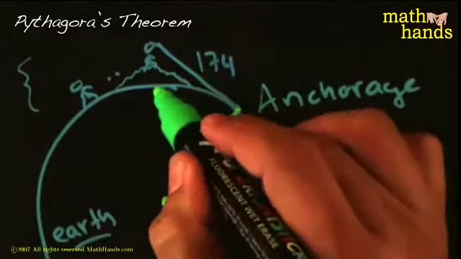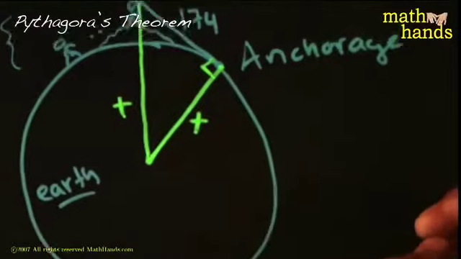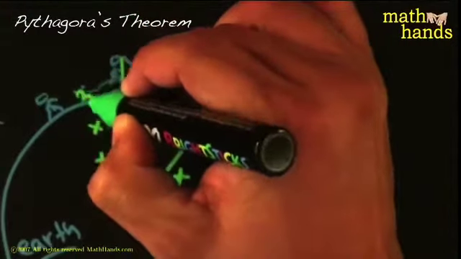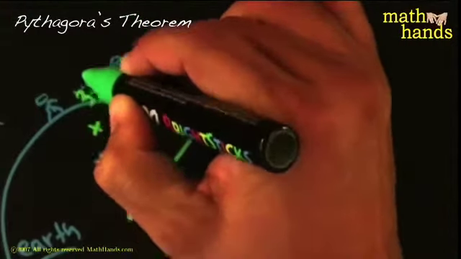And then you could play the Pythagoras game. This is x plus 3.84, for that's the height of the mountain. So this is the hypotenuse, and so Pythagoras would say x plus 3.84, that's the hypotenuse squared, is equal to the sum of the squares of the other two sides. So that would be x squared plus 174 squared.